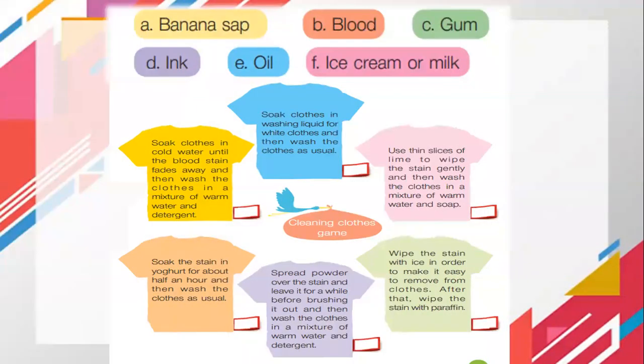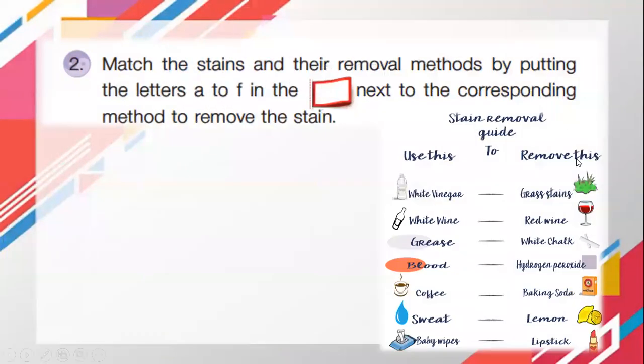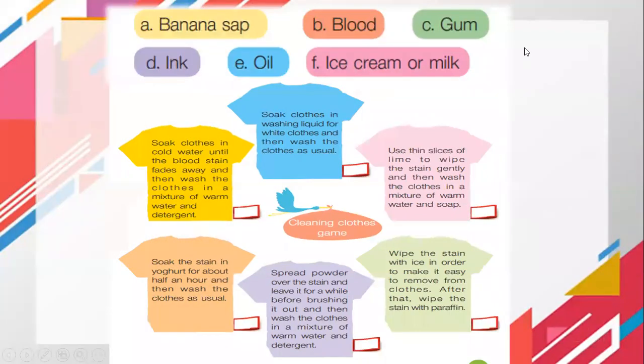So these are all different kinds of methods we can use to remove these kinds of stains. Now, students, you can see on the screen we have 7 different types of stains, like we already learned: banana sap, blood, gum, ink, oil, ice cream, or milk. So here we have the different ways of cleaning clothes.